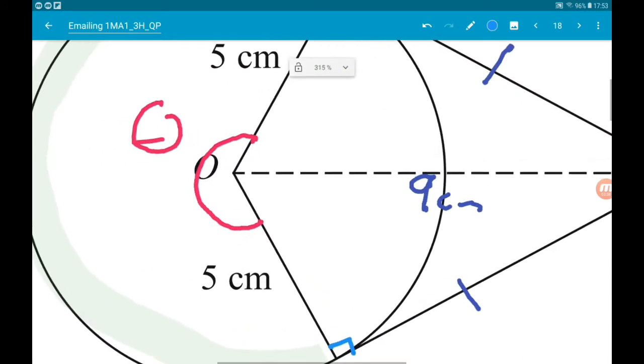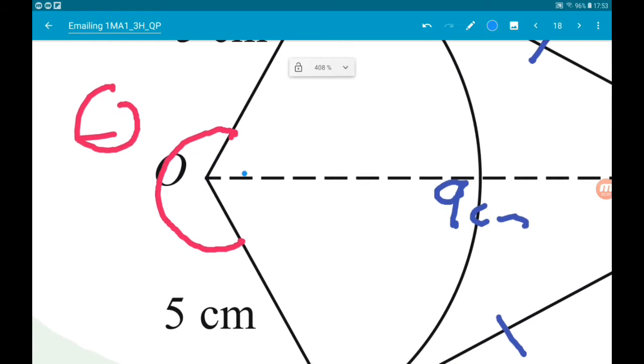So that means that this angle and this angle are the same. So if we can find one of these angles, we can find the entire blue angle, take that away from 360, boom, there's theta.